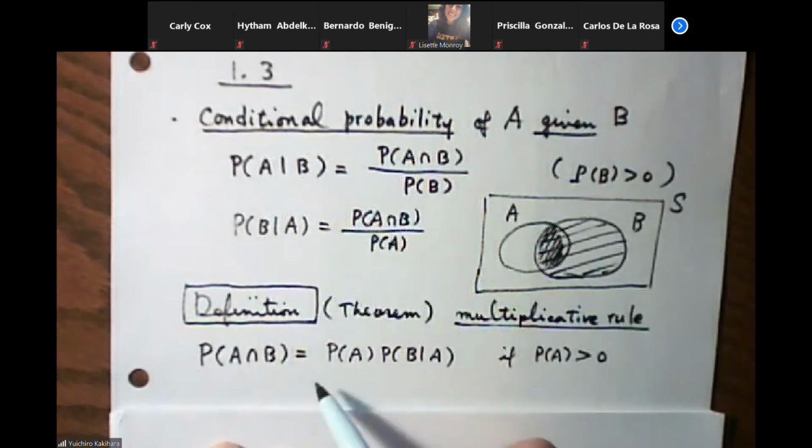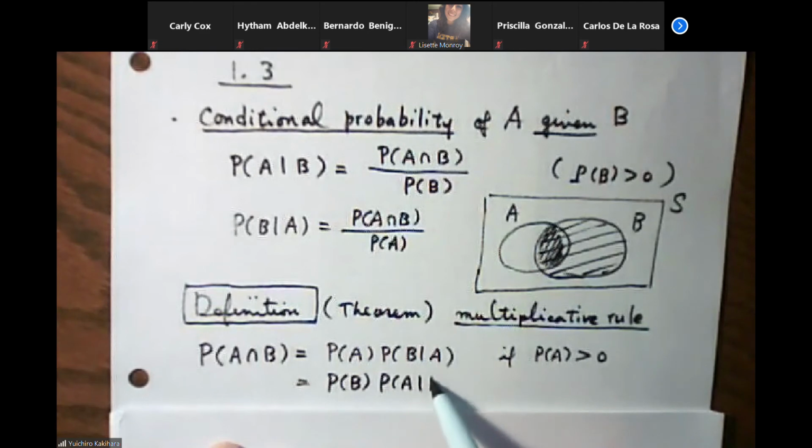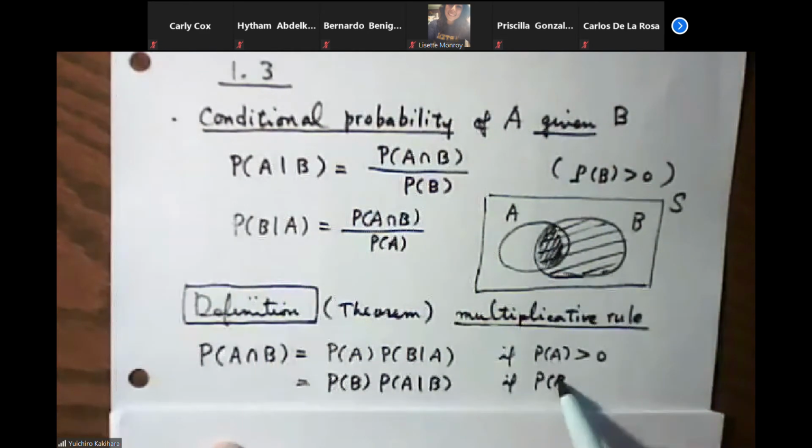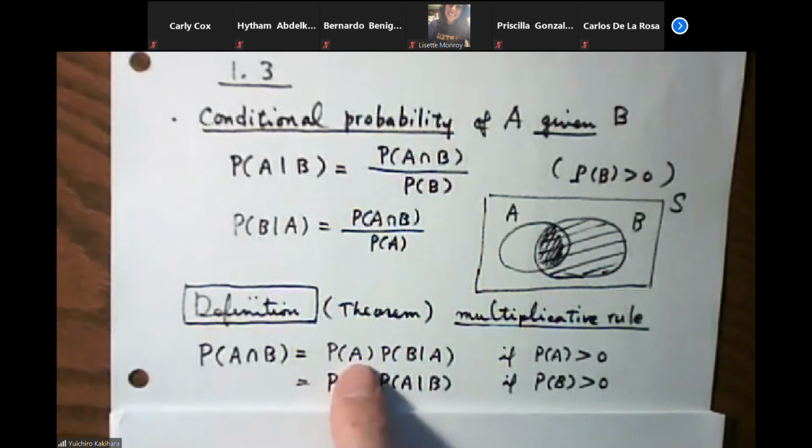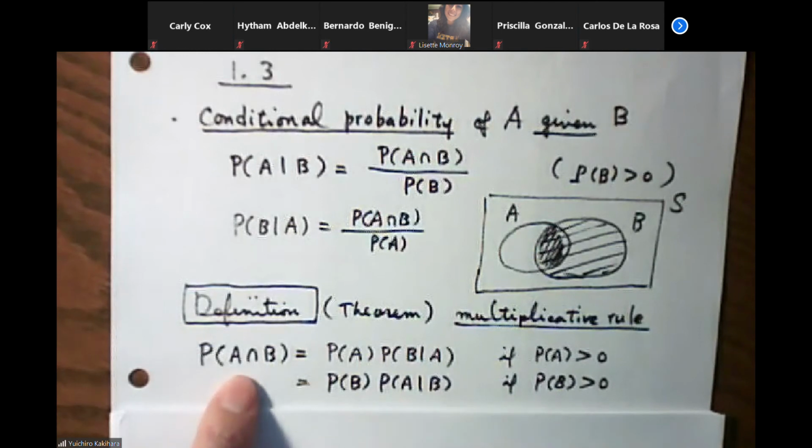Another way, if you write B first, is P of B times P of A conditioned by B, and this is true when P of B is positive. We have two ways. This is the multiplicative rule, a product of two things. The product expresses the probability of the common part, A intersection B.